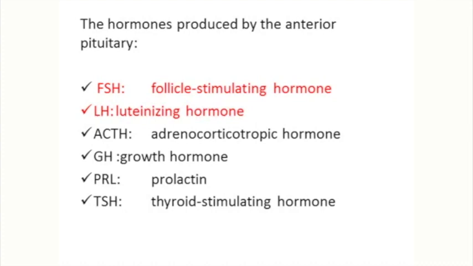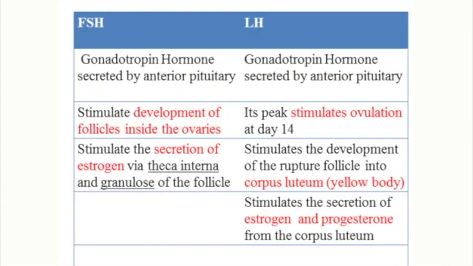As the name indicates, FSH is a follicle stimulating hormone, and it's going to stimulate the development of the follicles. Follicles are epithelial cells that are found around the oocyte, and we will explain in detail in the other video on folliculogenesis.